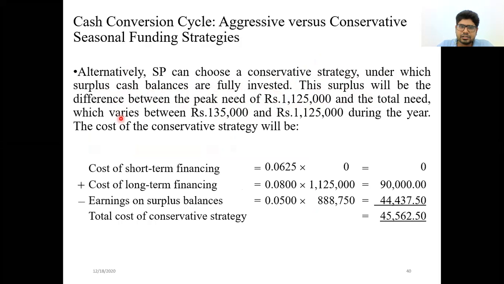And the total need varies between 135. What does 135 mean? This is the permanent working capital. And the difference is 990. Have you observed? The difference between permanent and the peak of seasonal one.